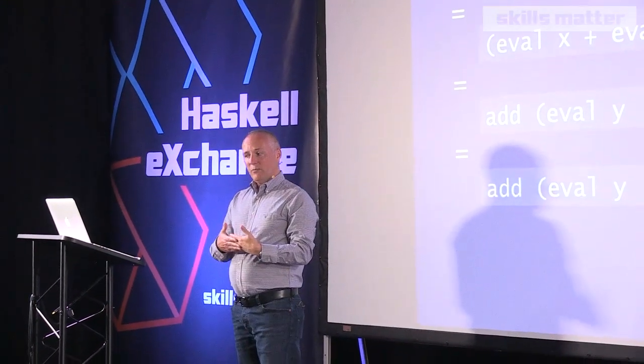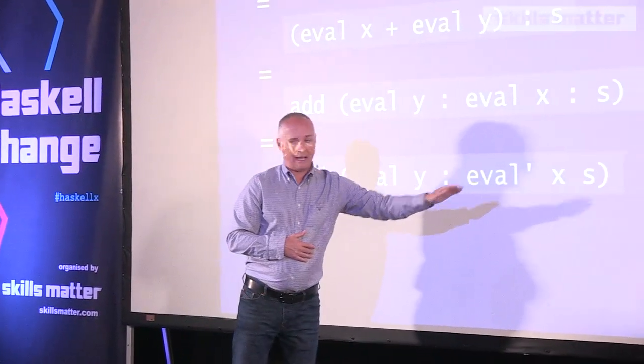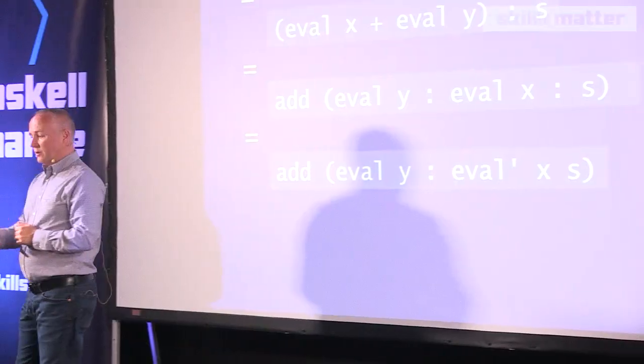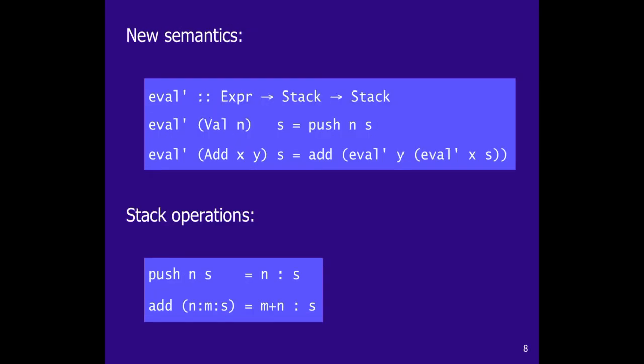And then I can do the same with eval of y. Eval of y, const onto any old stack, doesn't matter what it is, is going to be eval prime of y and that stack. Okay? And what we've actually done here is calculated the definition of this recursive function in the add case. Okay? So here's where we are.